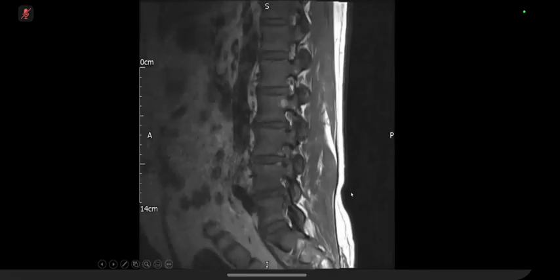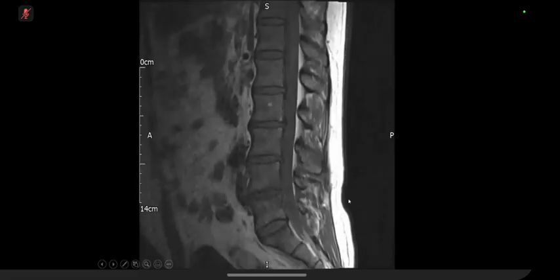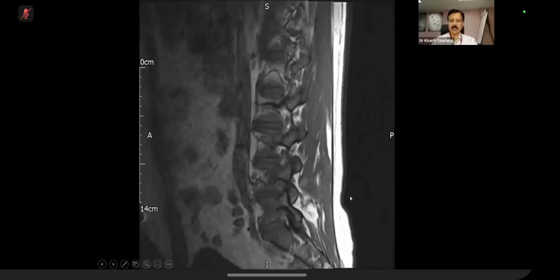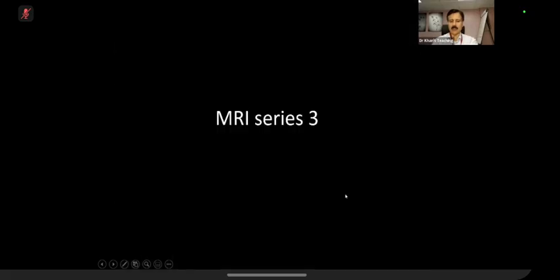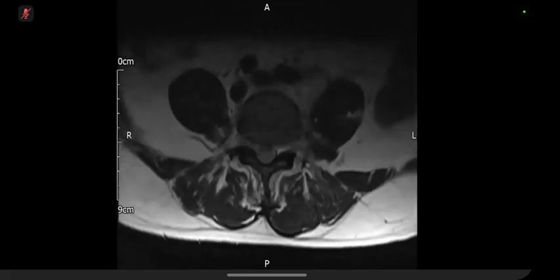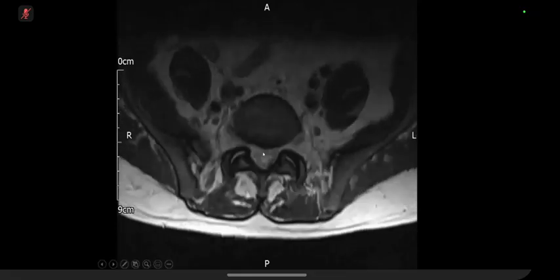Okay. So MRI series 2, and this is T1 weighted. Keep going. Okay. Now, go up and down and try to pick up findings. This is a T2 weighted axial. And so now I can see there's abnormality here.